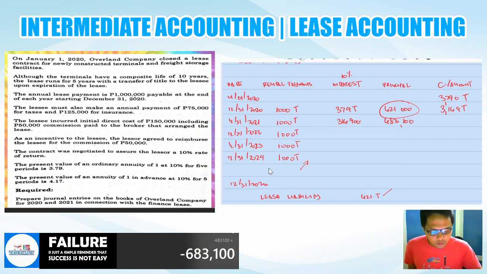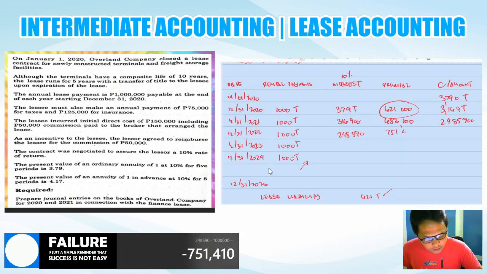Deduct that from your carrying amount on December 31, 2020. Then we have a carrying amount of 2,485,900. Go back to the process again, multiply that by 10%. So we have 248,590. Deduct that from your rental payment of 1 million, that is 751,410. Deduct that from your carrying amount.